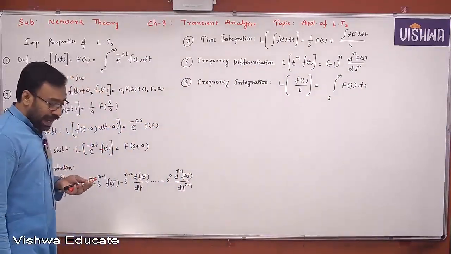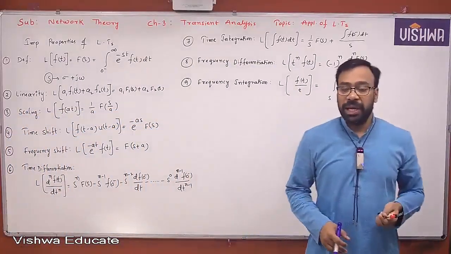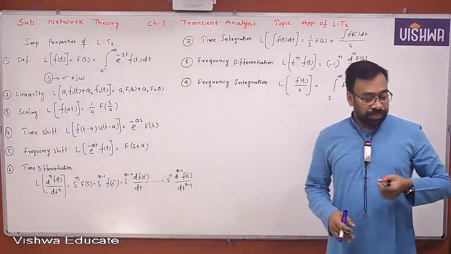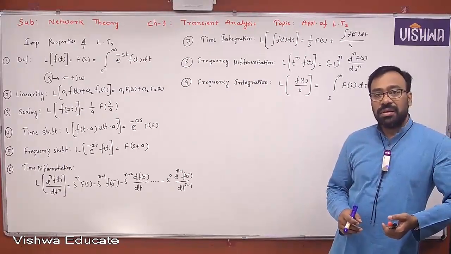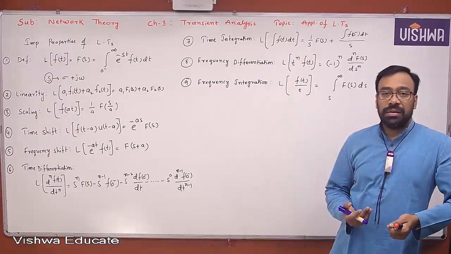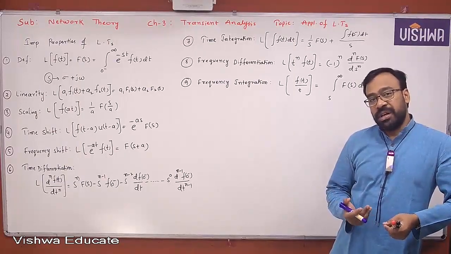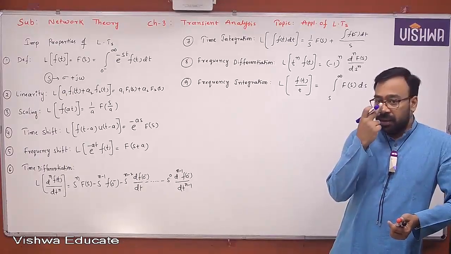Dear students, last class we discussed problems on application of differential equations, and in previous classes I explained how to find the time response of a particular system or network.